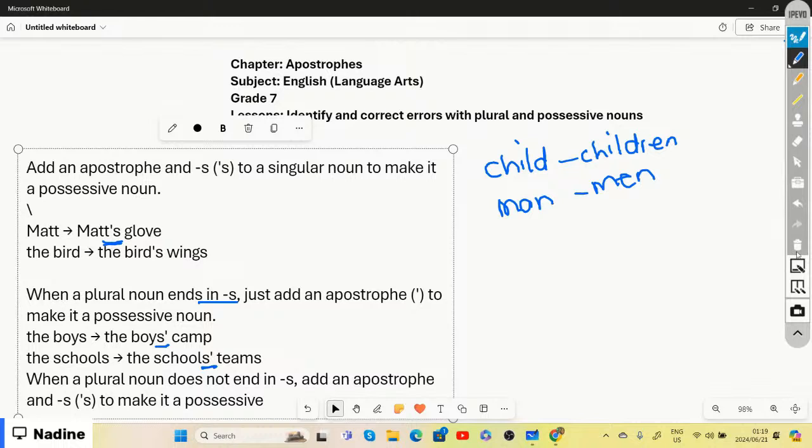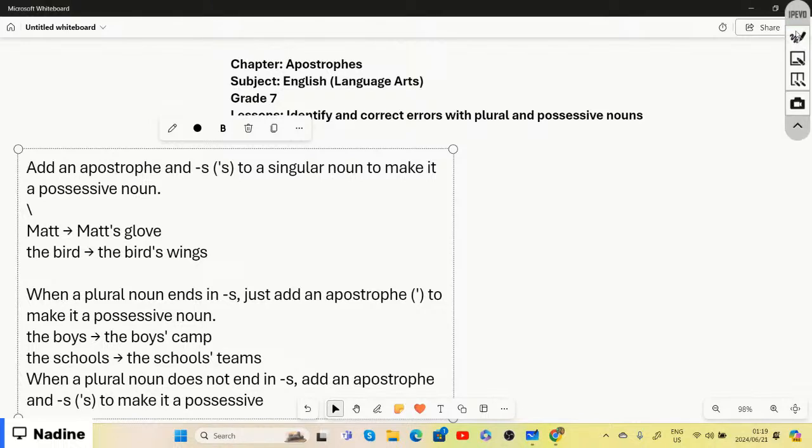All right, so we are now going to aplusstudents.ca, where we are going to identify and correct errors with plural and possessive nouns. So we will be adding an apostrophe and an s to a singular noun, and we can make that a possessive noun.